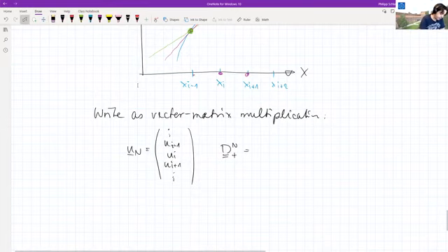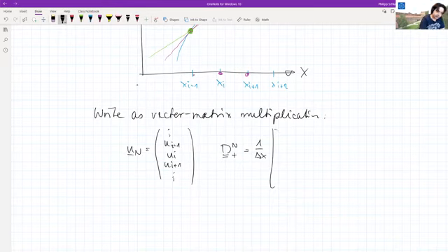And that would then become something like this: 1 over delta x, and the matrix now has minus 1s on the diagonal, and on the super diagonal it would have values of 1. Something like this. And the rest is all zeros.